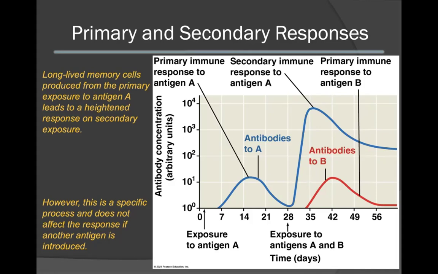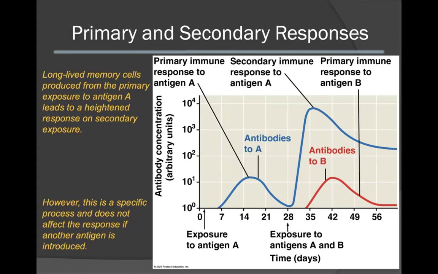Once this drops off, if there is a secondary exposure to antigen A, we can see that the immune response occurs quicker as well as to a much higher degree, meaning that many more antibodies are produced against the antigen than were produced in the initial primary exposure.